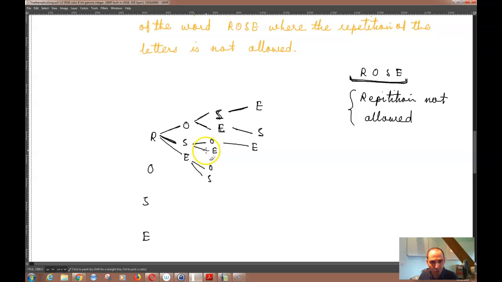Over here you have chosen R, S, E, so the only thing that remains is O.